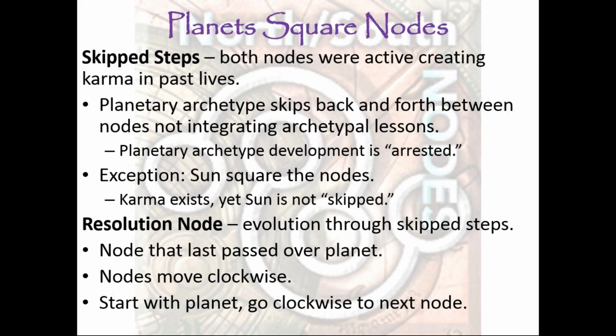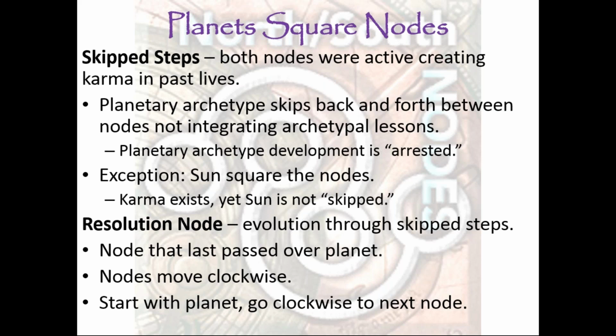Now, specifically, when we have a planet square the nodes of the Moon, it creates a phenomenon that evolutionary astrology called skip steps. It means that both nodes were active in creating karma in past lives. South Node has some of the karma of past lives.